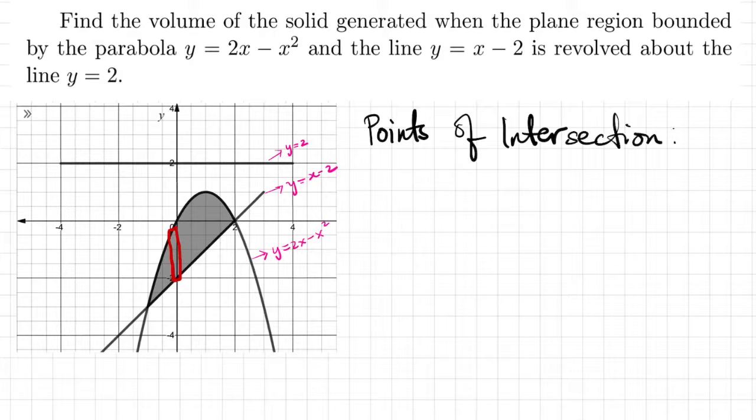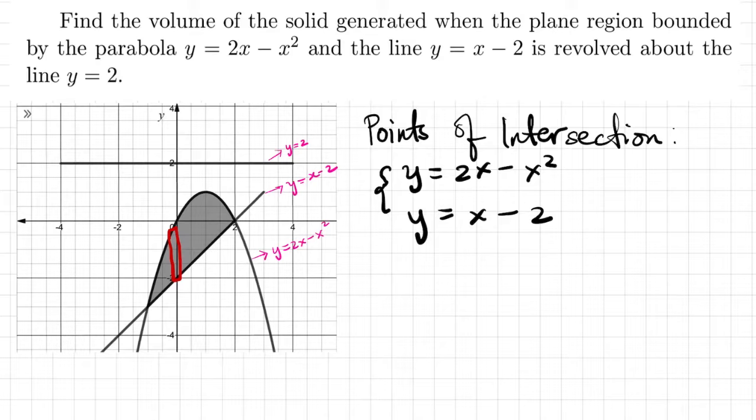So how do we look for the points of intersection? What can we do here? We can use substitution. So this implies that 2x minus x squared is equal to x minus 2.